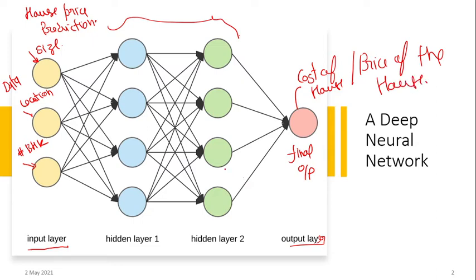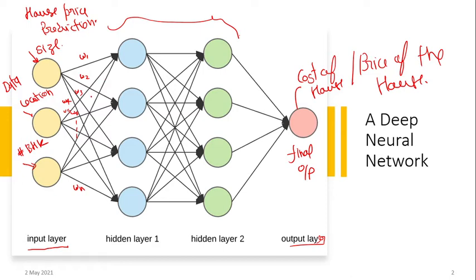Right? So now what it will do is take these features as input and then try to make new features in this layer. Now you can ask what these lines are doing. These lines have weights. So you can say W1, W2, W3, W4, W5, W6 and so on, Wn.